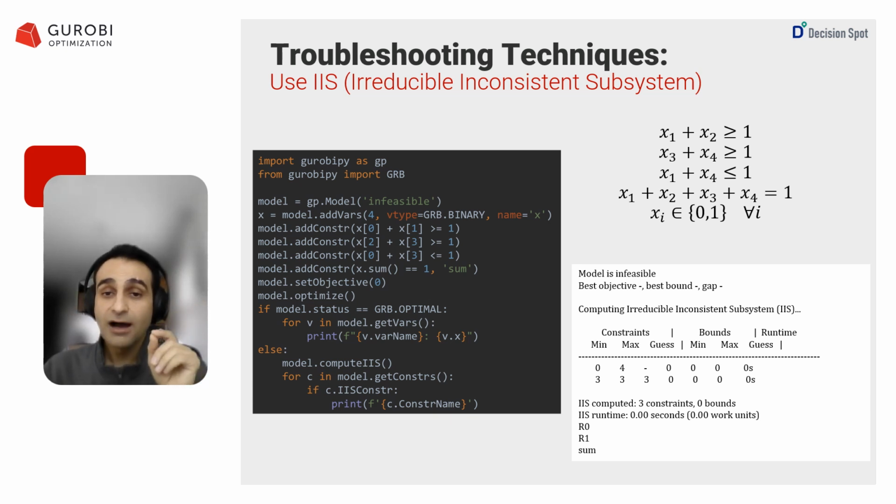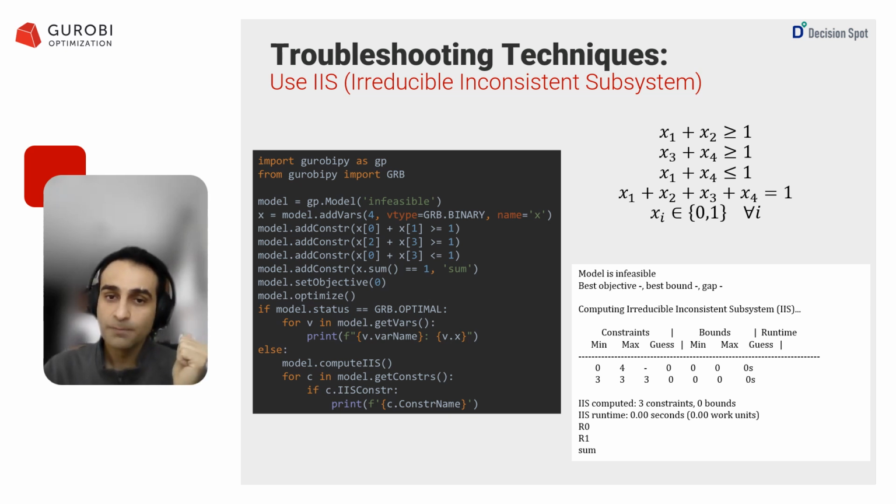Essentially, an IIS is a subset of constraints and variable bounds that is infeasible on its own, but becomes feasible if any single constraint or bound is removed. Now, an IIS may not be unique, and calculating it for large MIP models can be very resource intensive, but it's an incredibly powerful tool for narrowing down where the issues are.